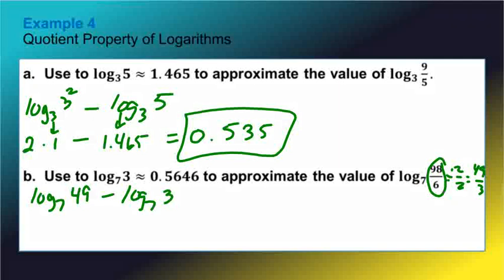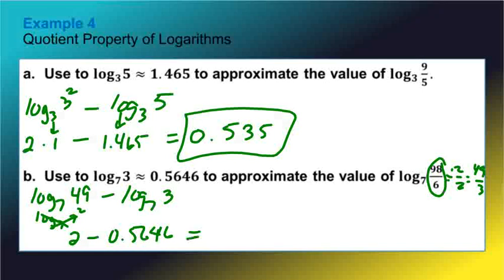Now I can rewrite log base 7 of 49 as log base 7 of 7 squared. This undoes each other, and that leaves me with 2 minus, and log base 7 of 3 is 0.5646.